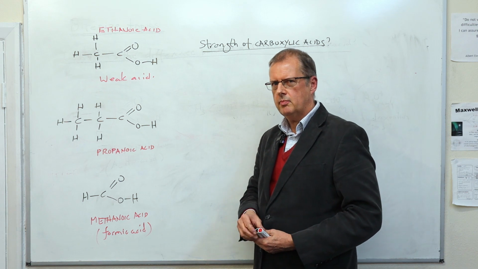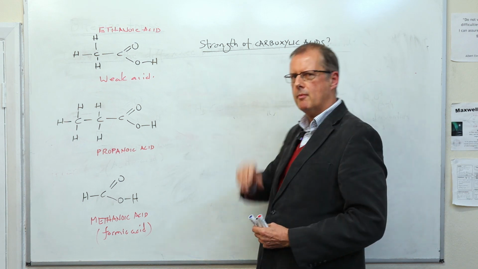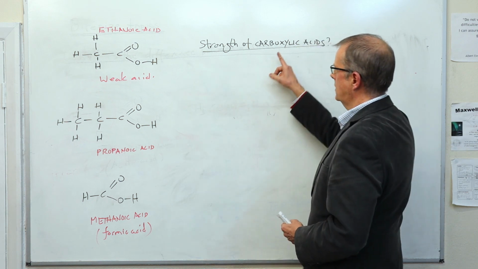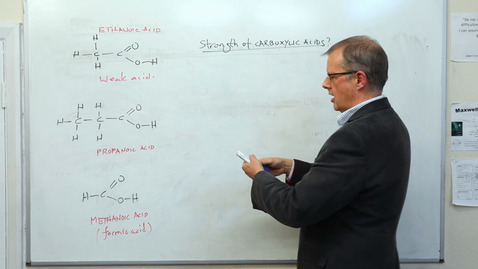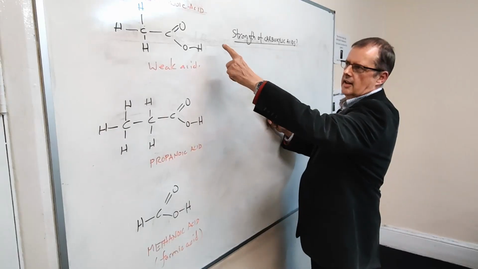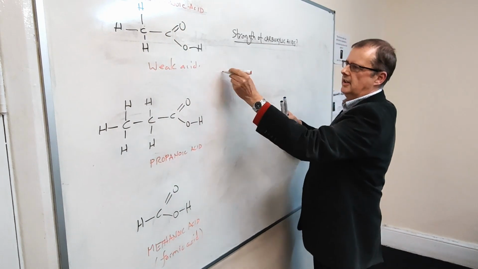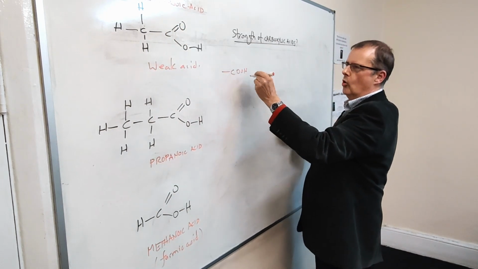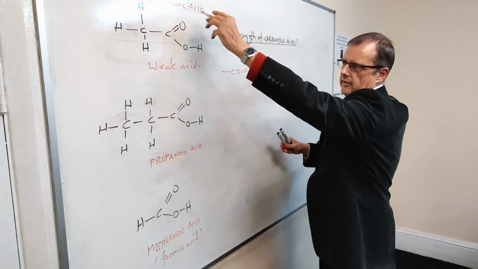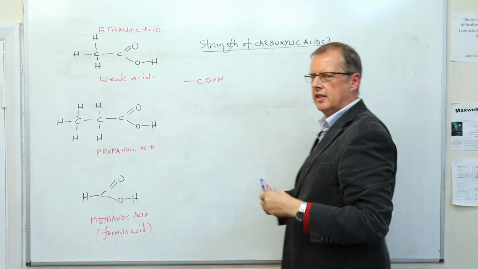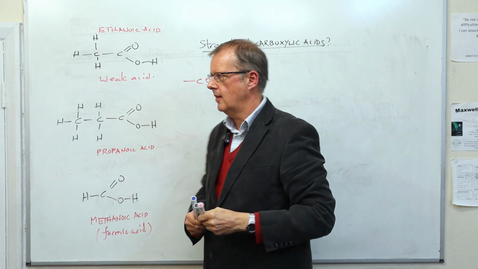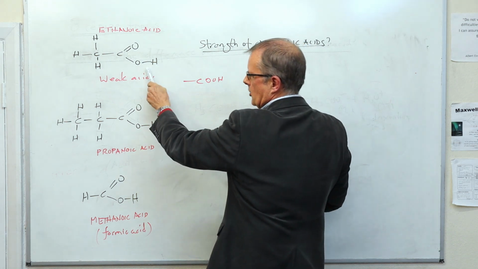Ethanoic acid, which we've just been talking about, is part of a family of acids called carboxylic acids. A carboxylic acid has this group here, COOH. All carboxylic acids have that little functional group. It's a whole family of acids in organic chemistry, and that's the most well-known one.